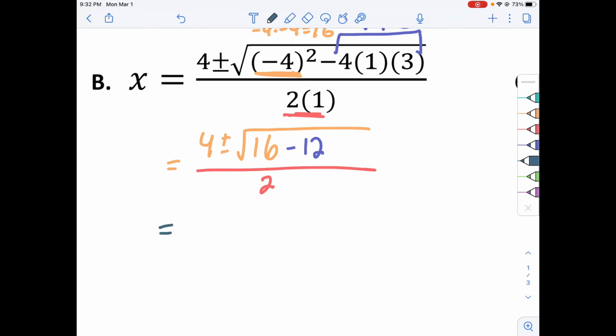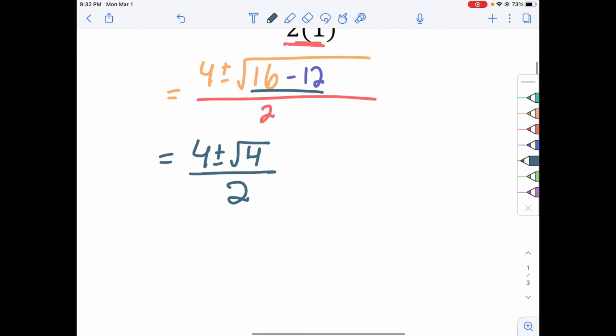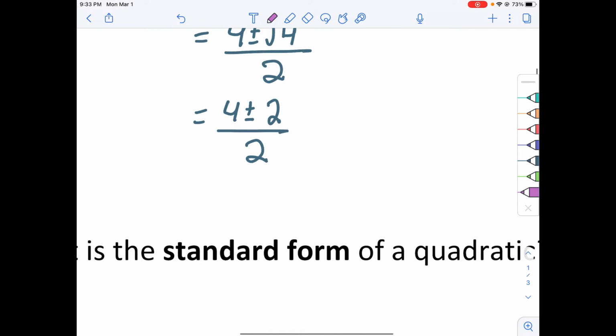So let's simplify this. We have 4 plus or minus the square root of 16 minus 12, which gives us the square root of 4, all of that divided by 2. That actually simplifies even further to become 4 plus or minus 2, since the square root of 4 is 2, all of that divided by 2. If the square root disappears, we need to break it into its 2 separate signs.